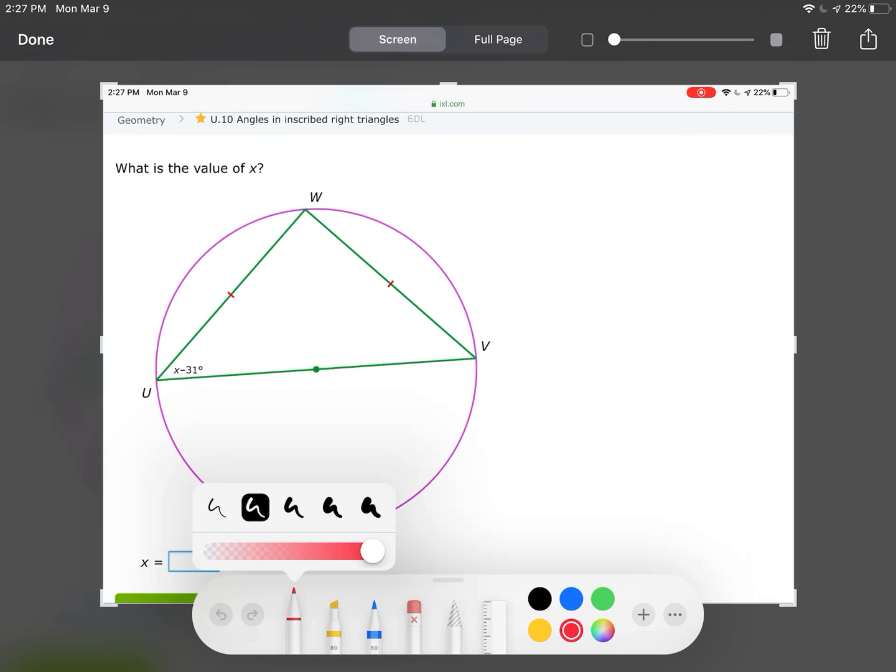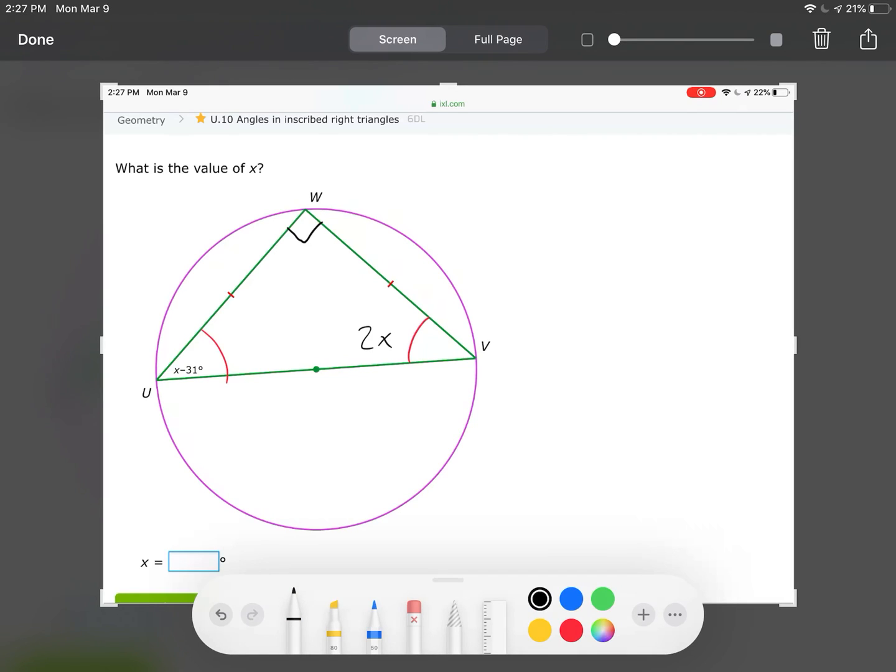Okay, so what you learned in this section is that this angle should be 90, which means that the two red angles together have to add up to the remaining 90 degrees for the triangle. Now, in some of the types of questions you get, you would actually get some other expression here, like 2x or whatever.